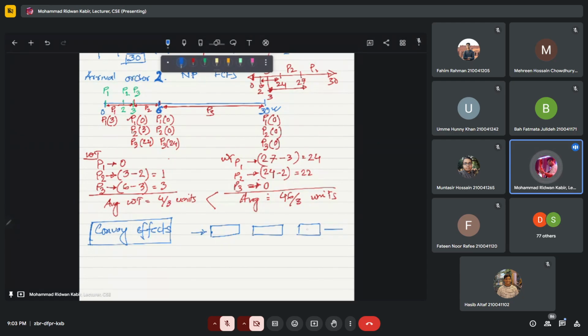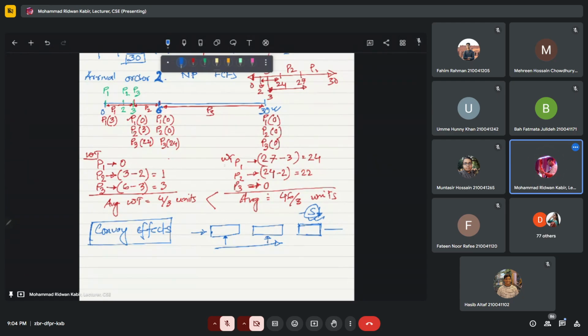Now let's say this vehicle travels slow, its speed is very low, can these two vehicles speed up? No. But if this one has a very high speed, it will progress towards its destination within a very short time. So this is what is happening here.